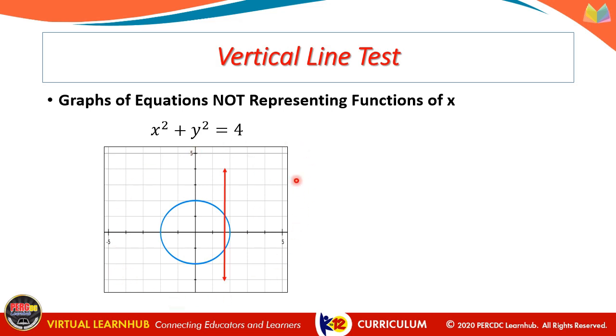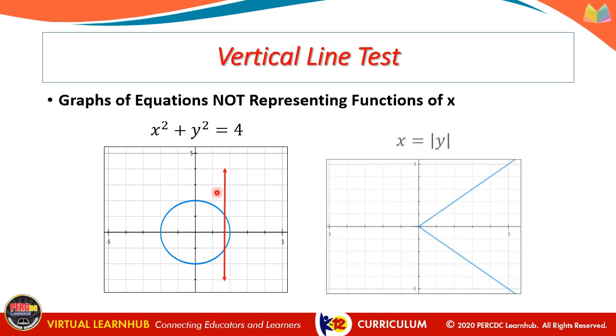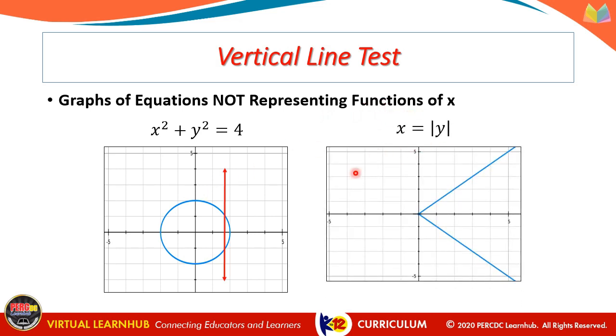This is a graph not representing a function of x. Another one, we have here a graph for x equals the absolute value of y. If we are going to draw a vertical line and then move this line from left to right, we can also see that there are instances that the vertical line intersects the curve at 2 points. This is a graph of an equation not representing a function of x.